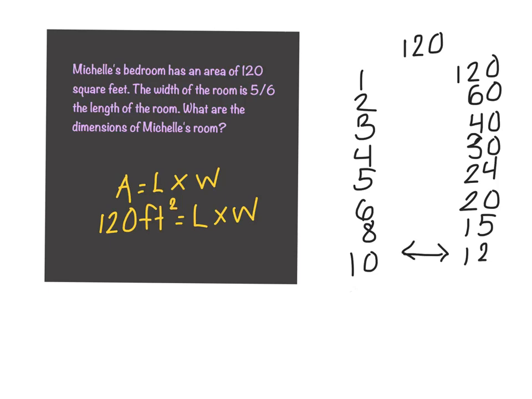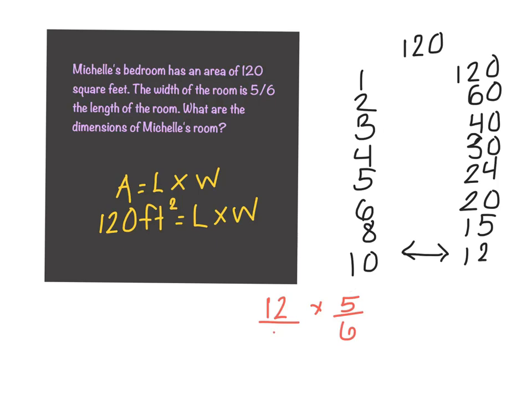They definitely equal 120, but what I need to know is, is 10 5/6 of 12? So I am going to find out when I multiply 12 times 5/6, do I get 10?